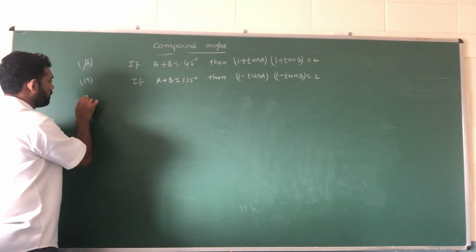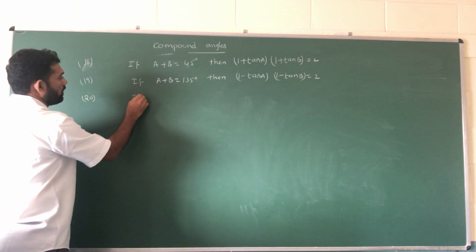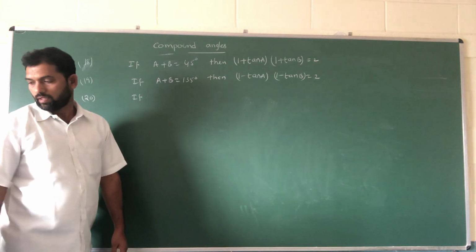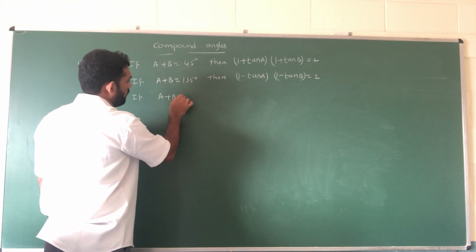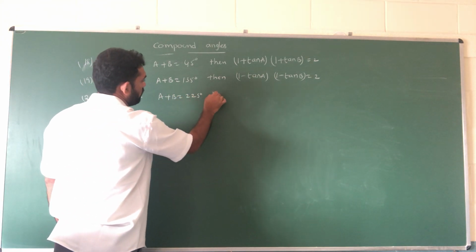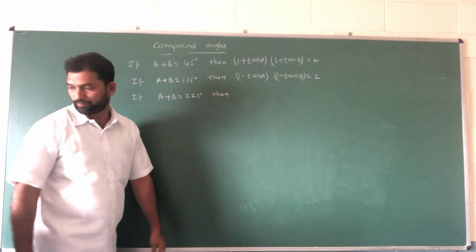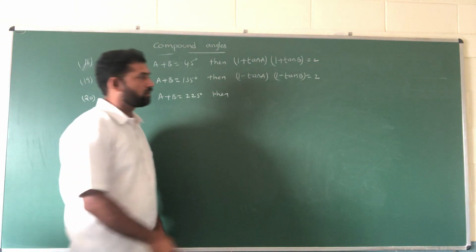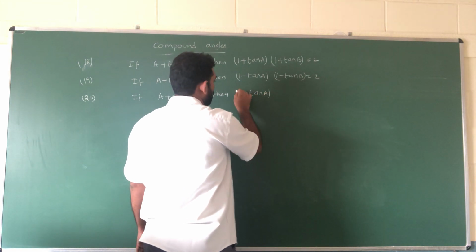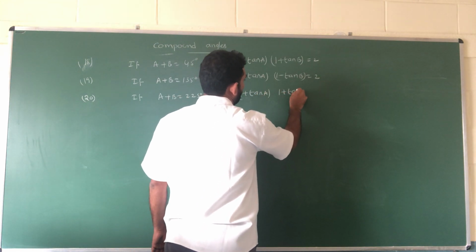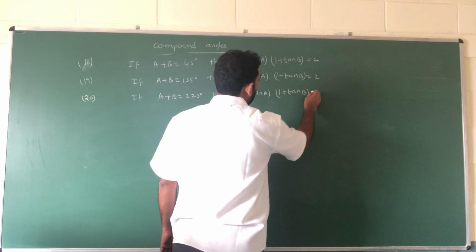Next point, number 20: if A plus B is equal to 225 degrees, then 1 plus tan A into 1 plus tan B is equal to 2.